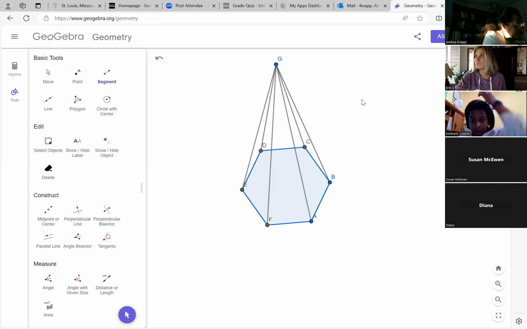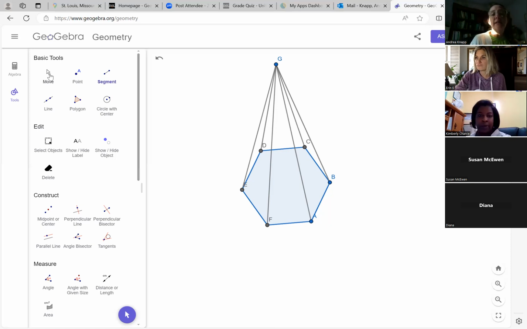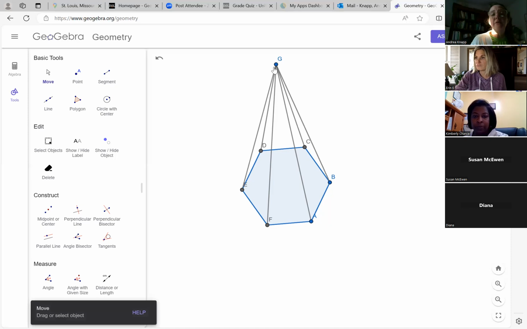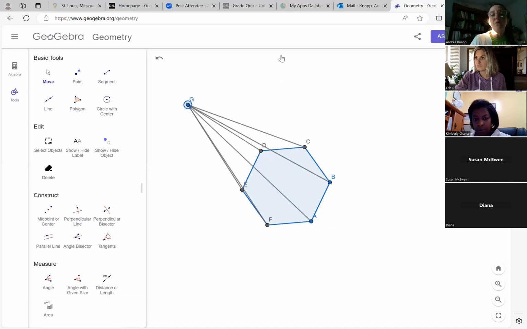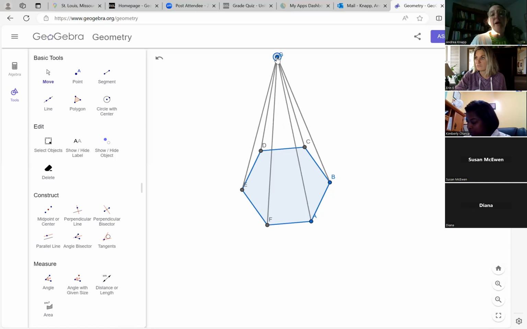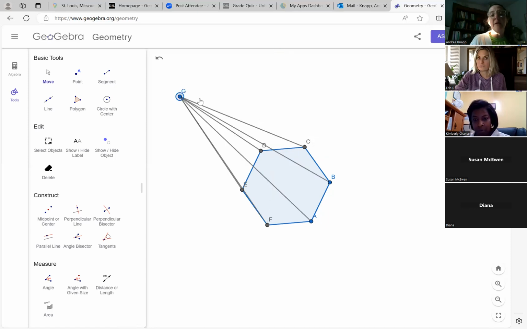we have a right pyramid. A right pyramid just means that the altitude coming down from this point here would have to be at a right angle with the base. So there's a right pyramid. This one would not be; this one's oblique.